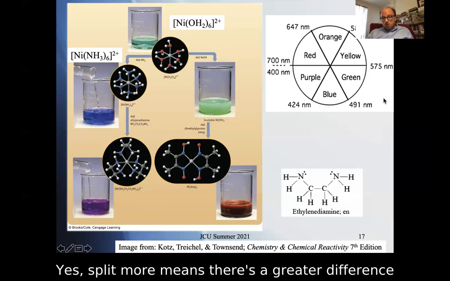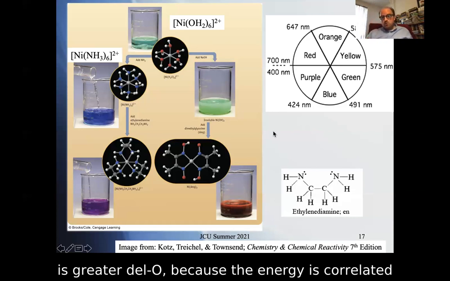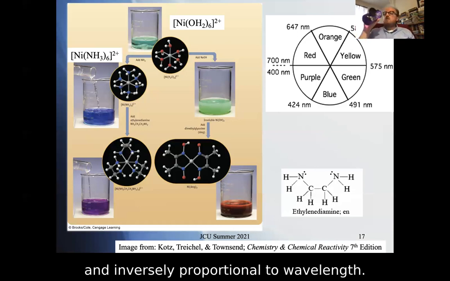Yes, split more means there's a greater difference between the orbitals, right? So smaller splitting is less del O. Higher splitting or larger splitting is greater del O, right? Because the energy is correlated and inversely proportional to wavelength.